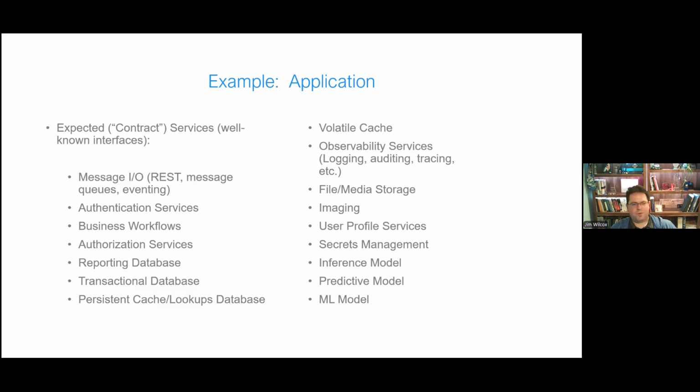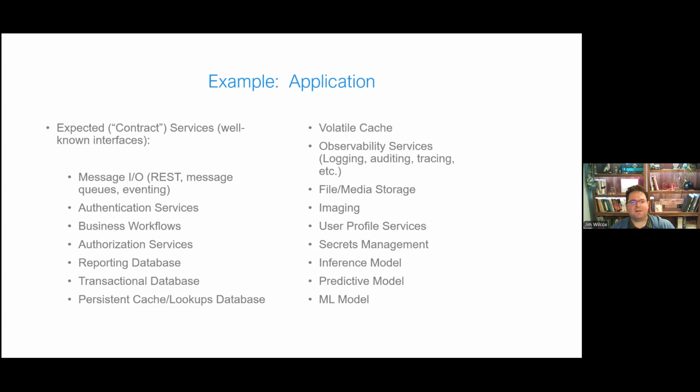So you might have some kind of transactional database or some sort of authorization service or secrets management. It might have machine learning models associated with it. Different types of logging, auditing, observability type things, images and all that stuff.